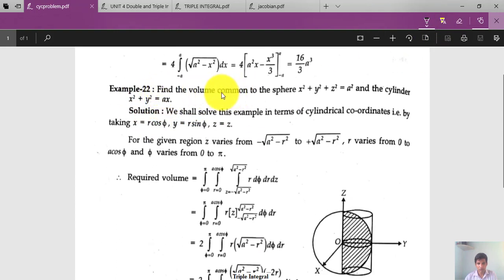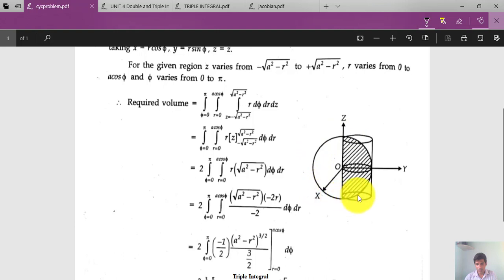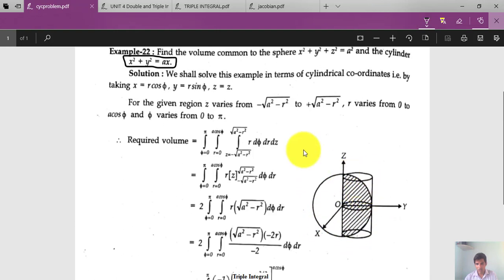Find the volume common to the sphere, that is x square plus y square plus z square is equal to a square, and the cylinder. So the cylinder is given in this particular manner. See here the figure. Common to both, the cylinder is x square plus y square is equal to ax. We shall solve this example in terms of cylindrical coordinates, right?